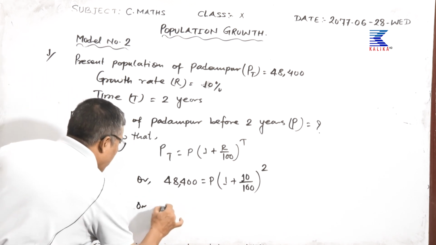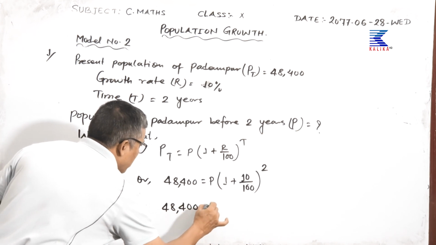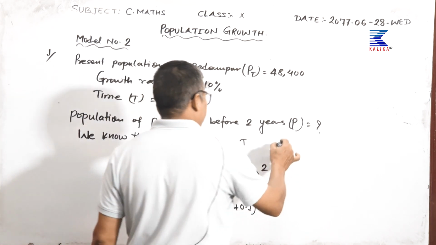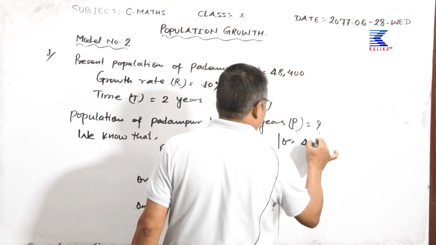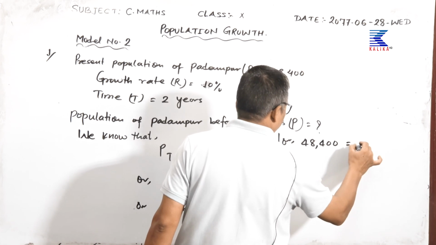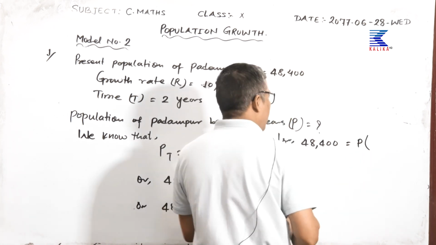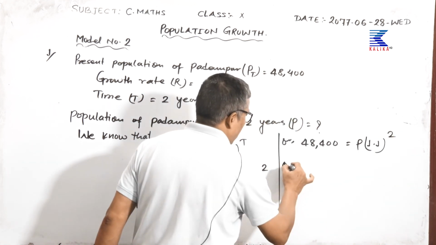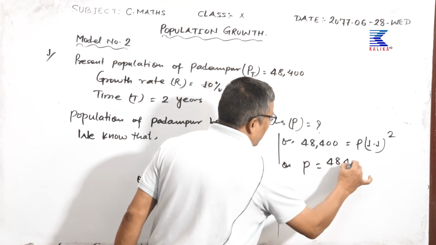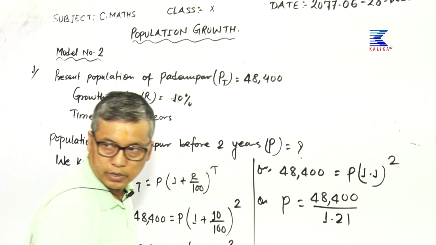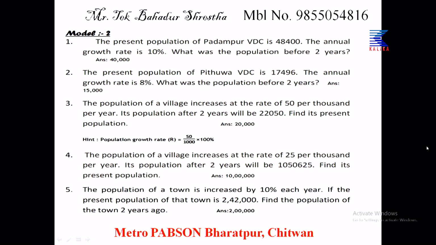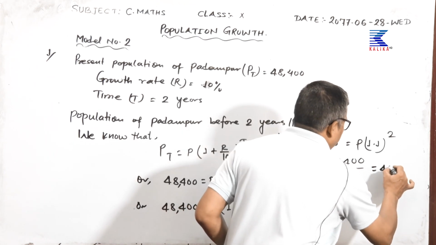Or 48,400 is equal to P (1 + 0.1)^2, or 48,400 is equal to P into (1.1)^2, or the value of P is 48,400 divided by 1.21. The value of P is 40,000.